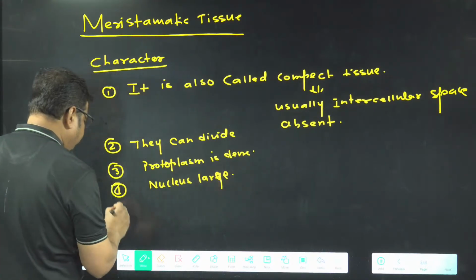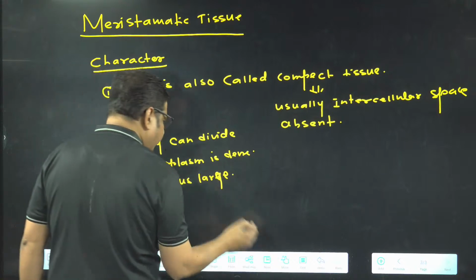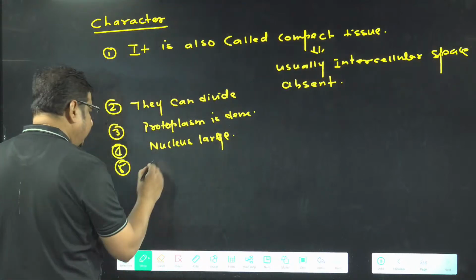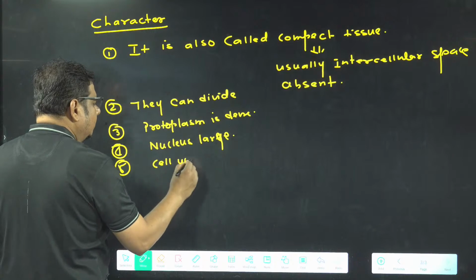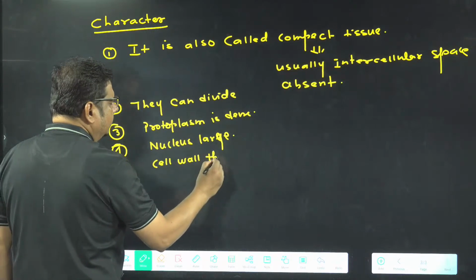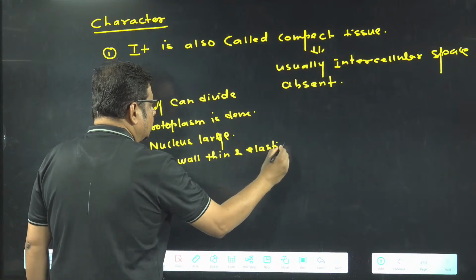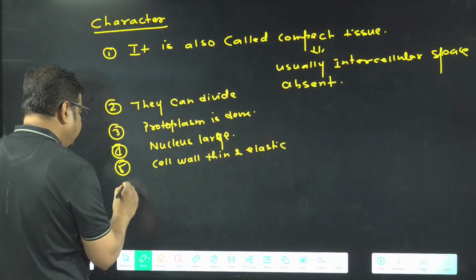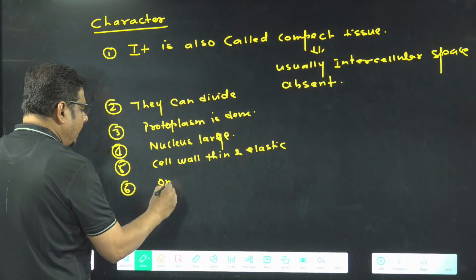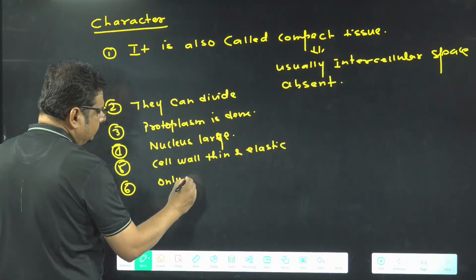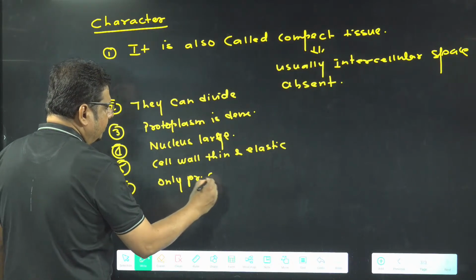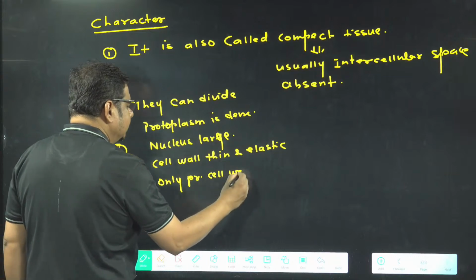Got the idea? Fifth character, cell wall is thin and elastic. Sixth character, only primary cell wall is present.